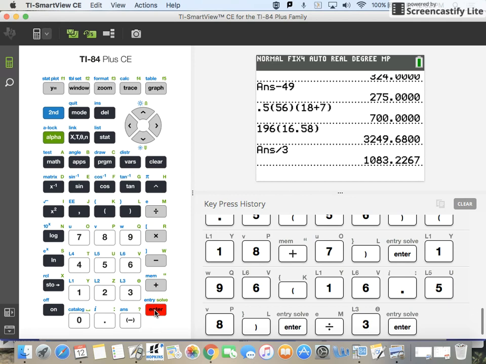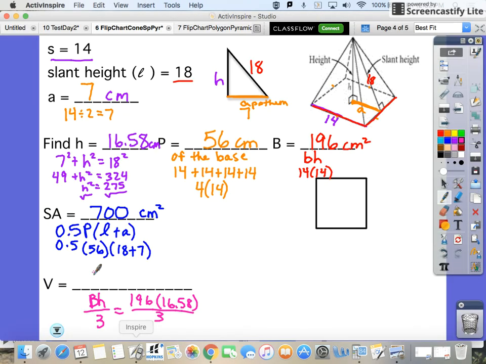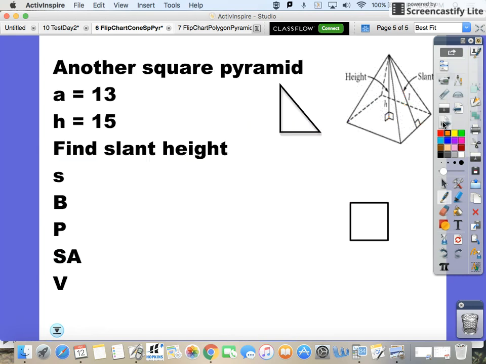And we get 1,083.23 centimeters cubed. Oh, sorry, you guys. I should have put our 14s here. Here's the base. That's how we found this perimeter and this base, is this little sliced off square from the base. I apologize. All right.